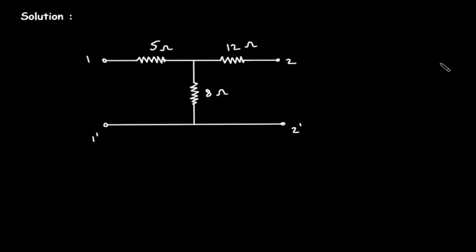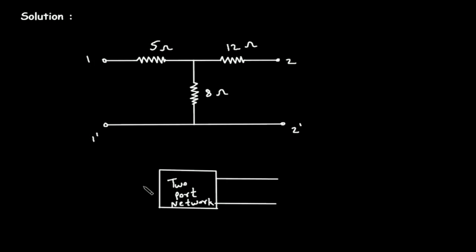So the Z parameter is given by, suppose this is a two-port network. And there are a total of 4 terminals.